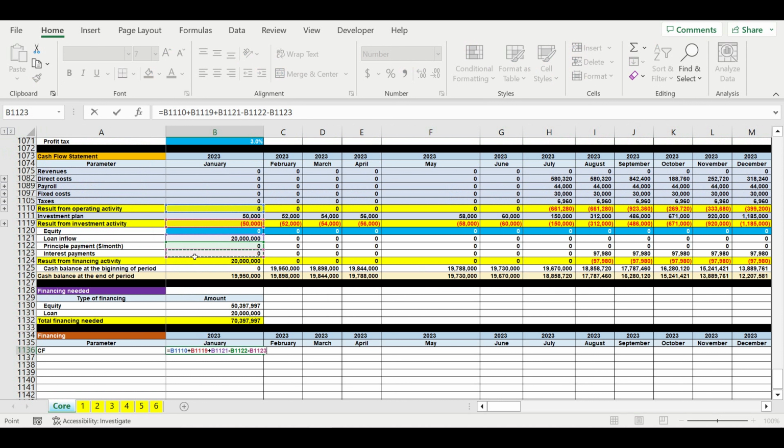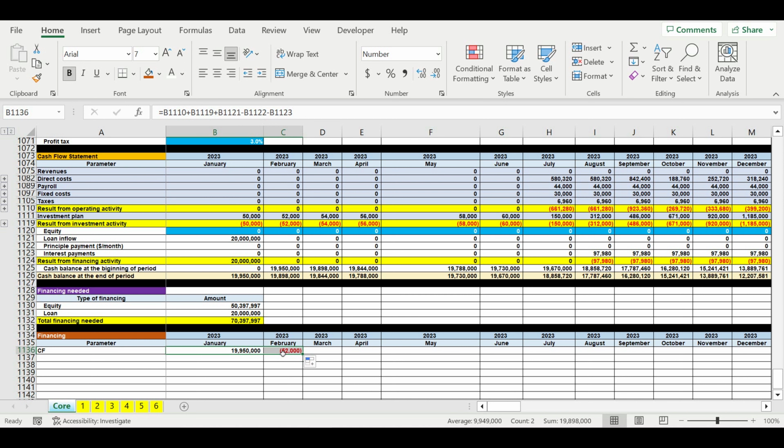Now I will make this formula cumulative, and now I'll extrapolate this formula.